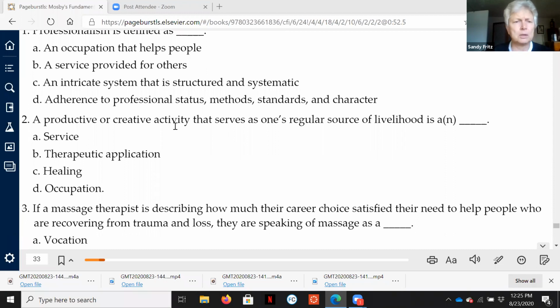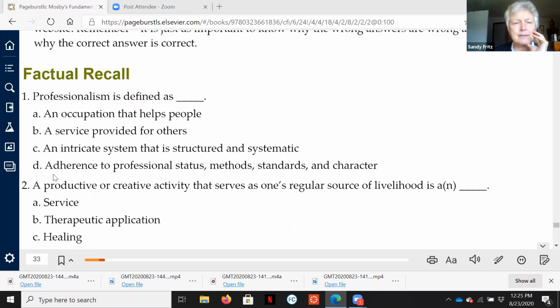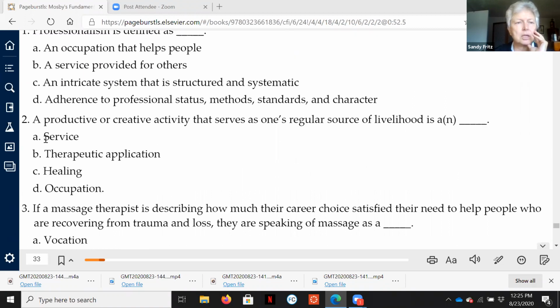So let's look at this one. A productive or creative activity that serves as one's regular source of livelihood is A. So in this one, this first one up here, the word was used in the stem and the definitions were in the answers.